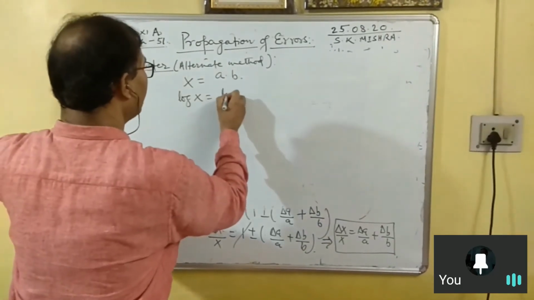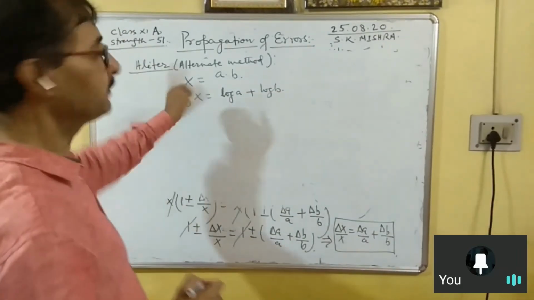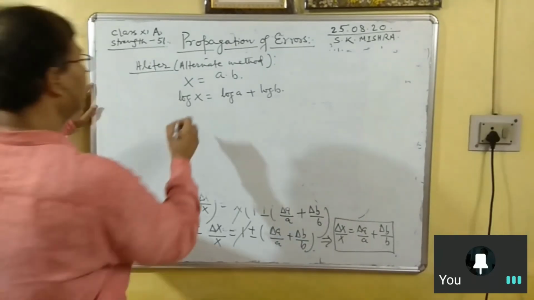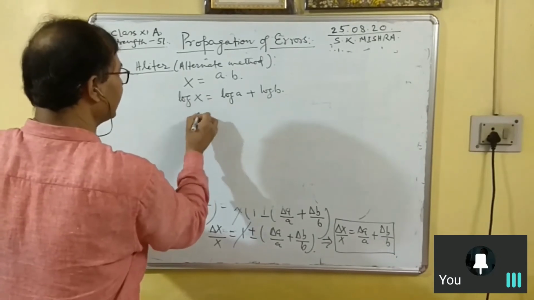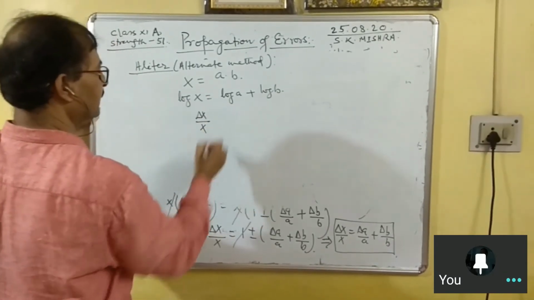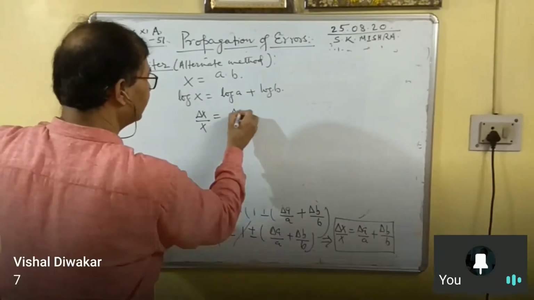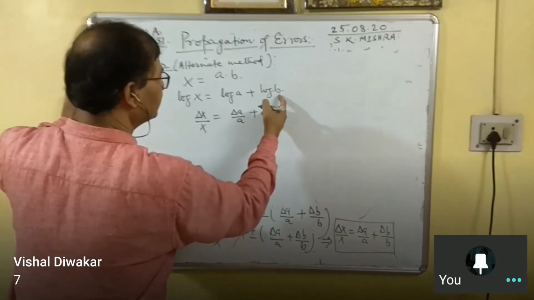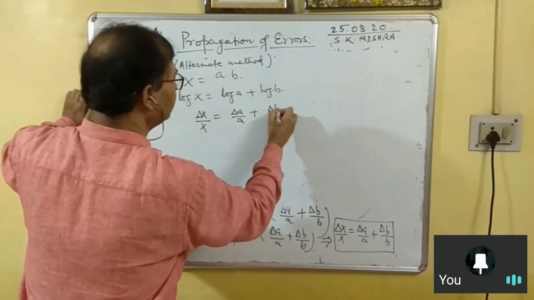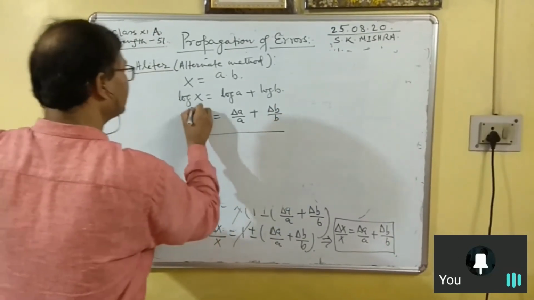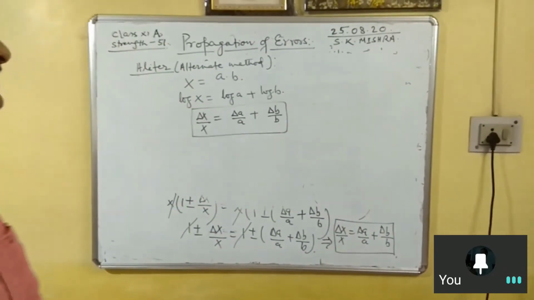This will become log A plus log B, taking log of LHS and RHS. Then if you differentiate log X, this is 1 by X, and then differentiation of X is del X. So del X by X. Differentiation of log A is 1 by A, and then differentiating A gives del A. So del A by A plus differentiation of log B is 1 by B, and then differentiate B, that is delta B by B. So from here only you can write the same result. Delta X by X is equal to delta A by A plus delta B by B.